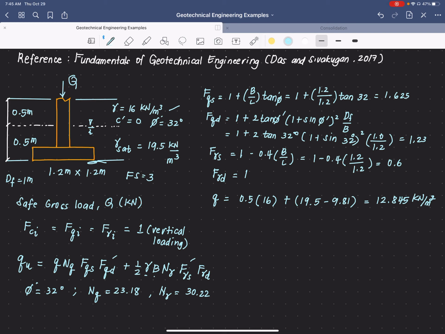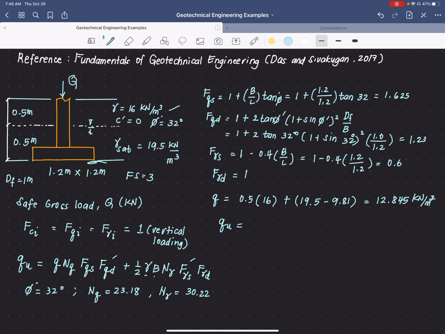Then I guess all the parameters in the equations are already known, so we can just plug in the values to solve first for the bearing capacity before we can solve for the gross load.